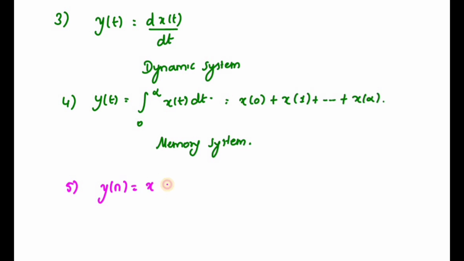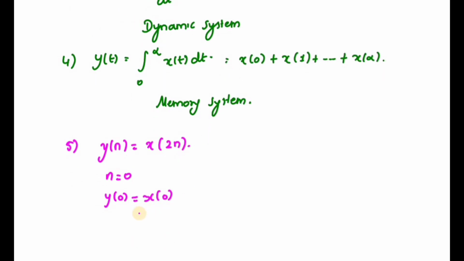If I substitute n is equal to 0, it goes to y of 0 is equal to x of 0. If n is equal to 1, y of 1 is equal to x of 2. So you can see for the present input, it is going to the future value. Therefore, it is a dynamic system.